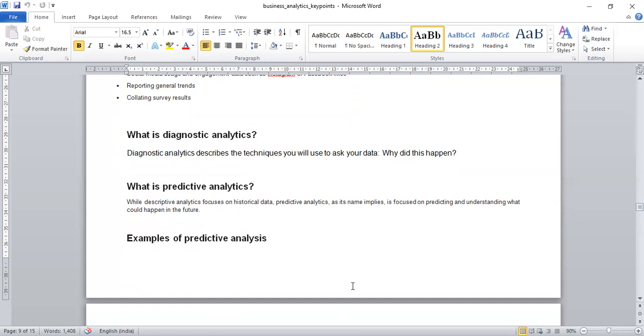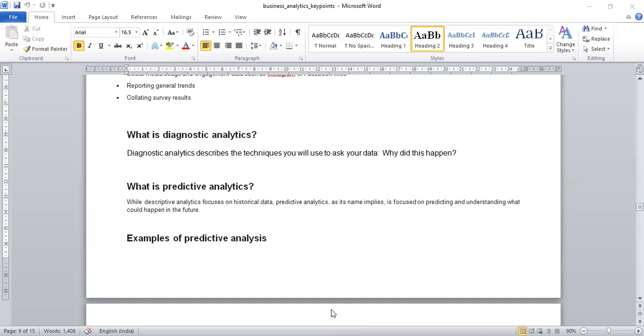In descriptive analytics, what has happened is depicted through charts and graphs, but here, why did this happen needs to be checked and examined. So you can say it is doing a dive into your data to search for valuable insights.